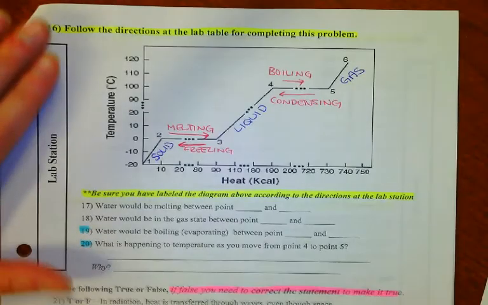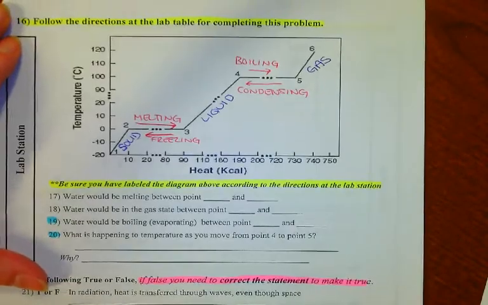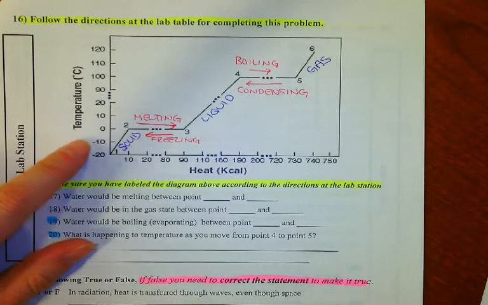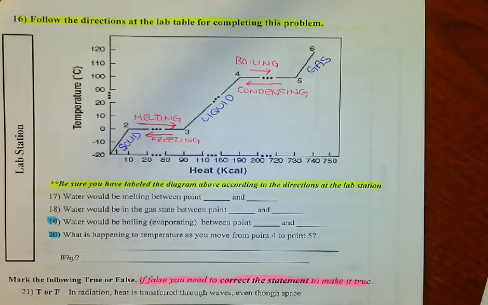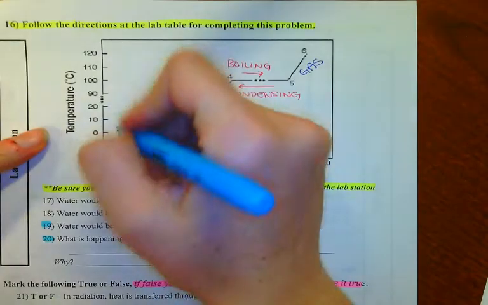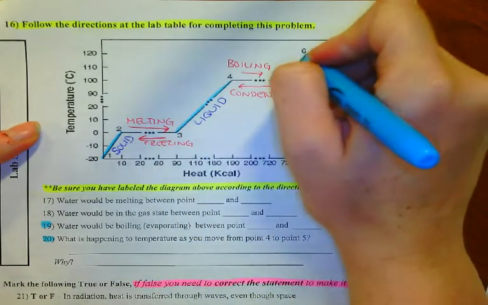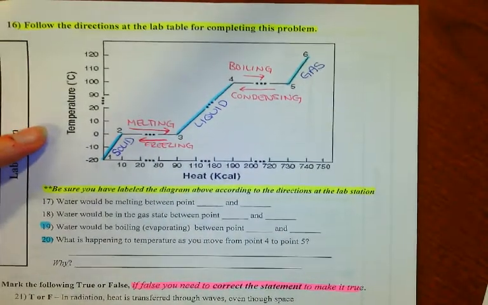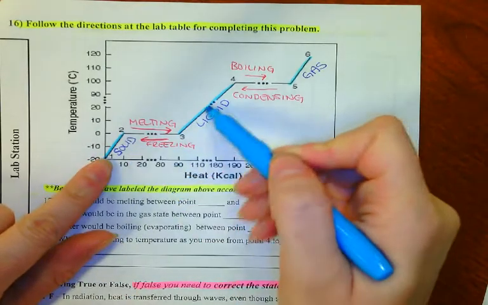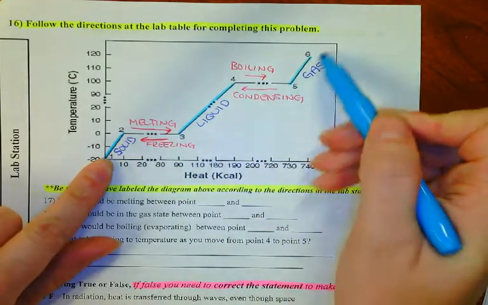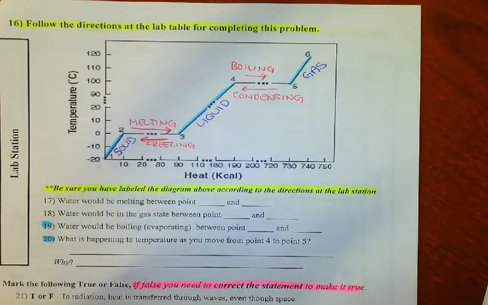Turn over to page 3 with me. I already have my number 16 labeled. This is the way you should have labeled it at your group. So if your group was wrong, make sure you're fixing it. I want to point out that wherever your line is sloped, that's where you have a temperature increase, and it's where you have just solid here, just liquid there, just a gas there.